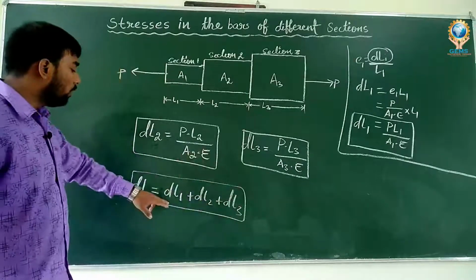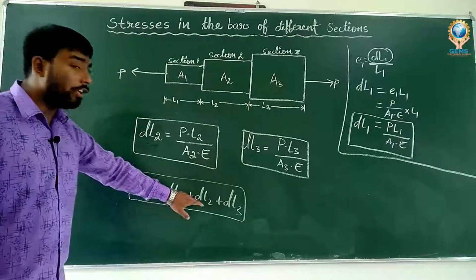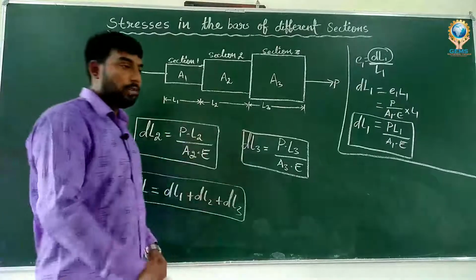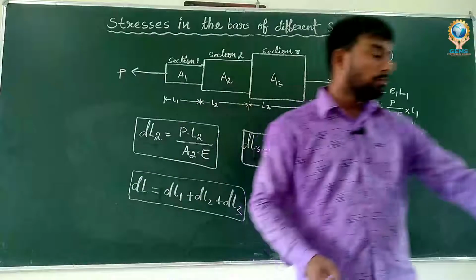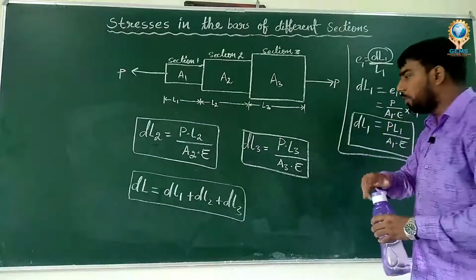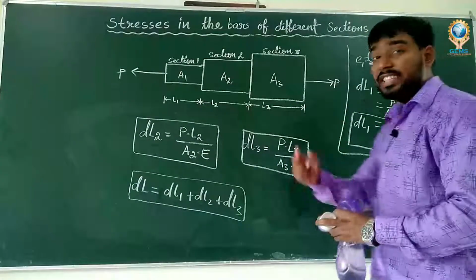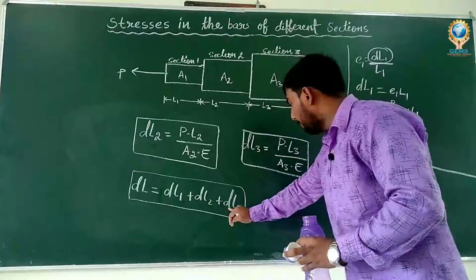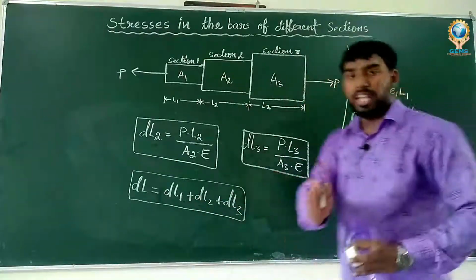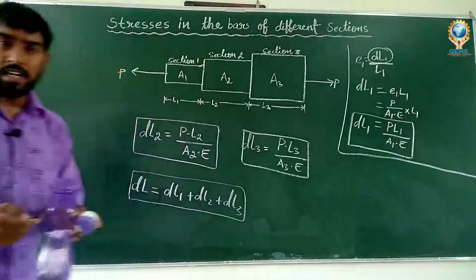Now what will we do? We will substitute each and every value here, DL1 plus DL2 plus DL3 together, to get the total extension of the bar. Understand?